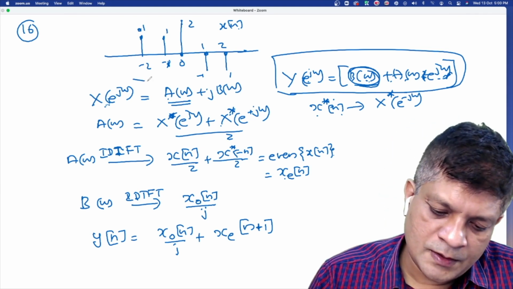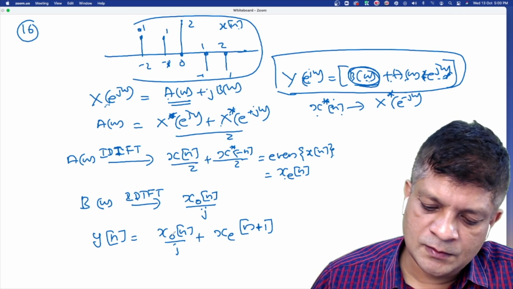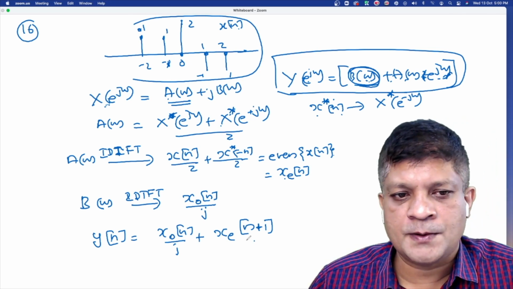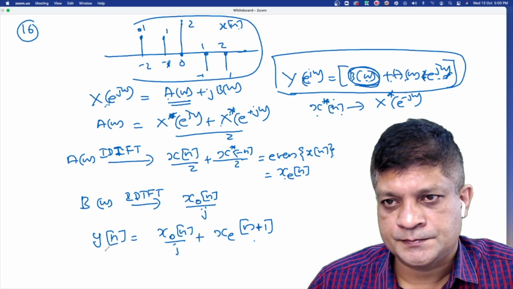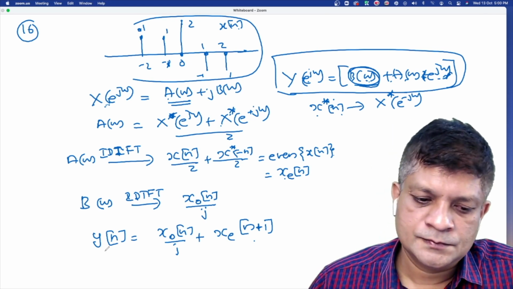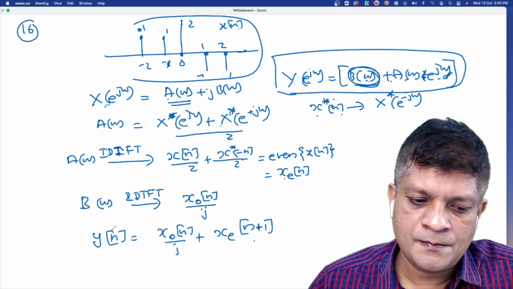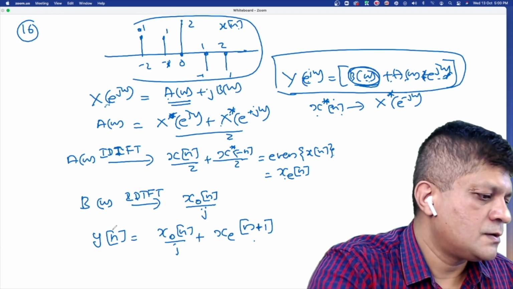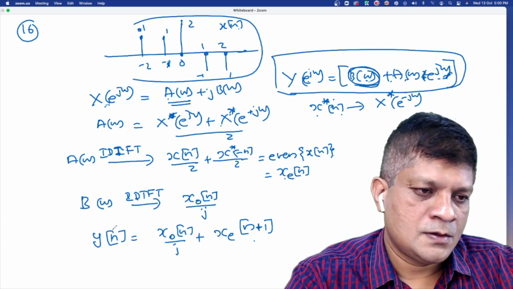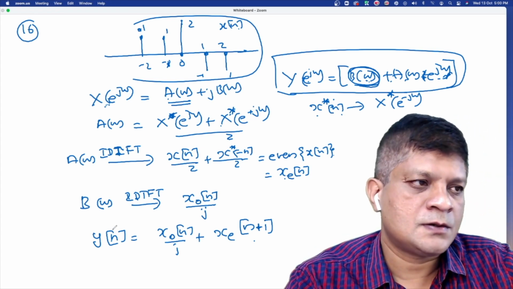Now you are given the signal x[n], you can find the odd part and even part. Find this and you'll get the answer. I can give you the answer, you can verify it later on. Let me check whether I have the answer.